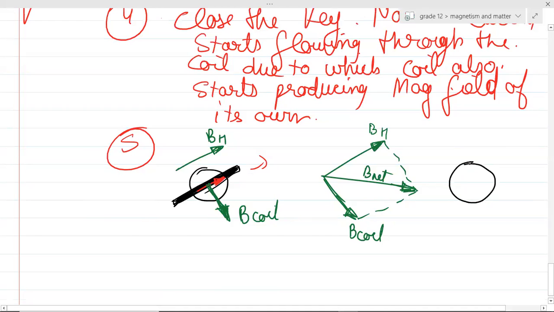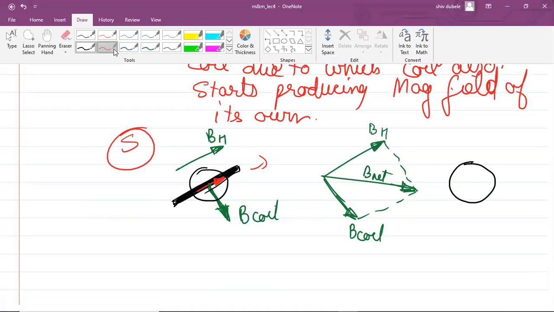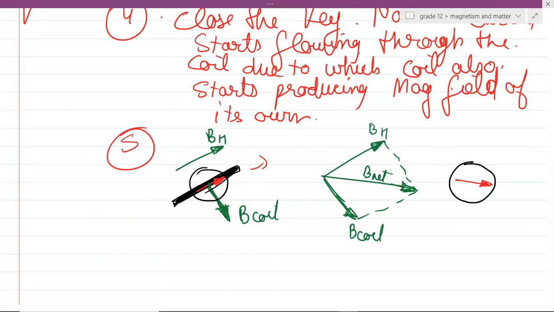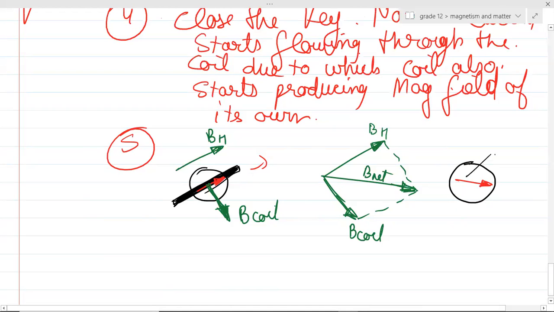Is my point clear till here? So when this B net is there, the needle tries to get aligned along it. But can you see, we have not moved the coil at all. So the coil is still in that direction only. Yes or no? Can you understand this till here, guys?